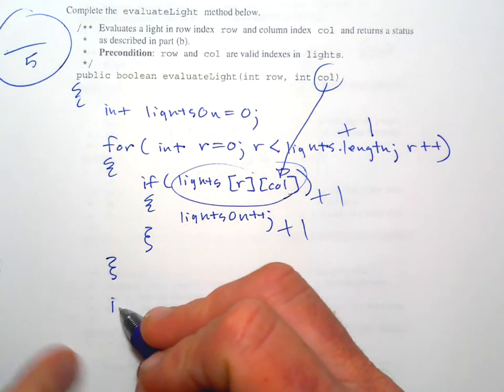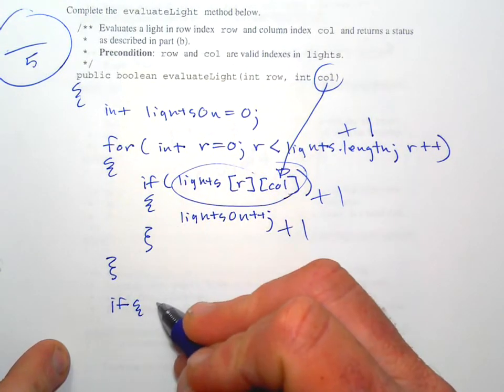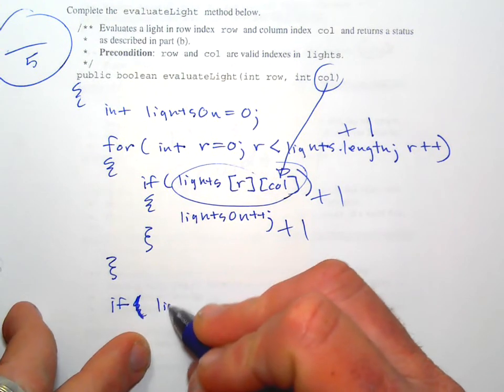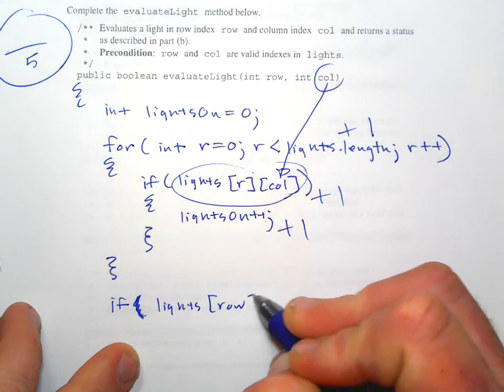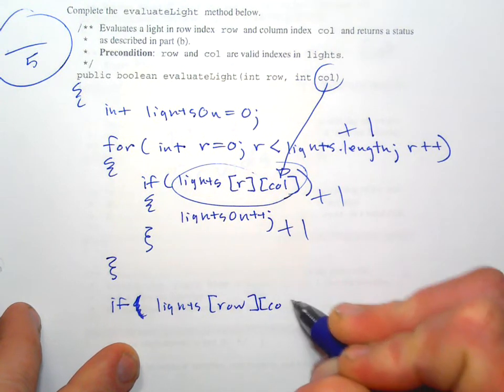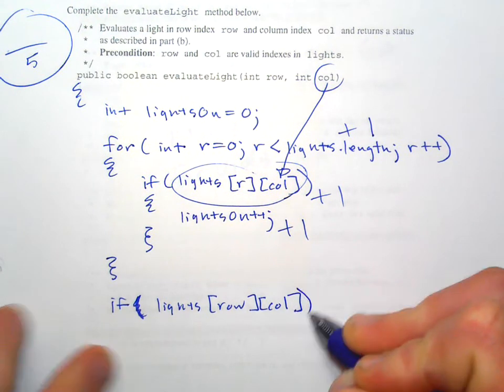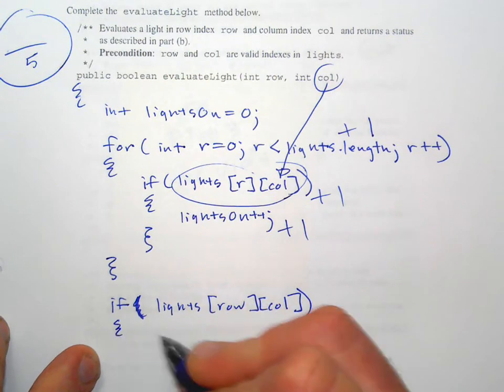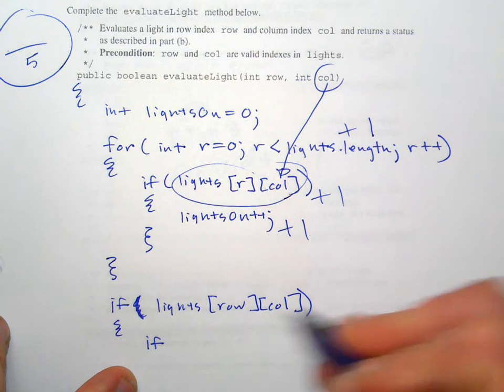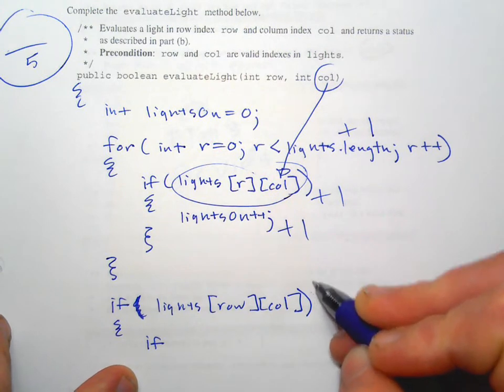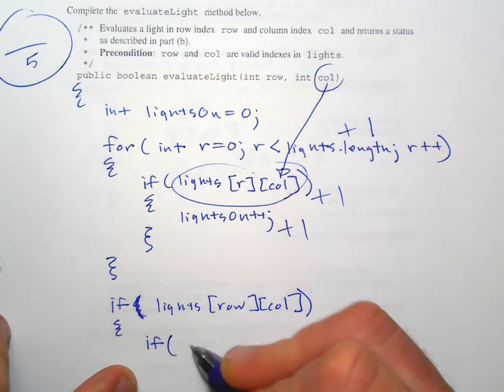Then we say if lights row column. So now we're going to the specific row and column. If it's on, and we could do, instead of this, an and thing. I can show that in a second.